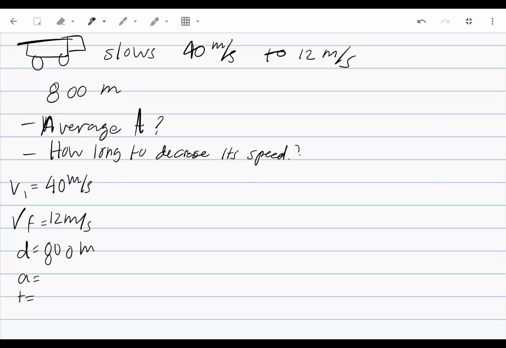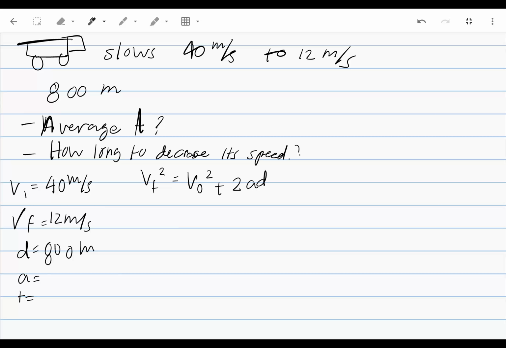So one of the equations out of the 5 that have all of these given would be the one which finds the final velocity squared equals your initial velocity squared plus 2 times acceleration times distance.